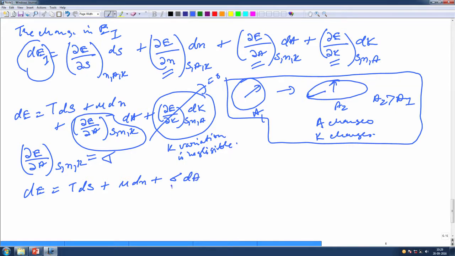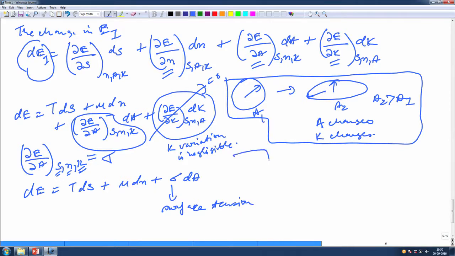This sigma is nothing but the surface tension. So, surface tension is the rate of change of internal energy with respect to area, when the curvature, the number of moles and the entropy are constant. That is what we call the surface tension over here.